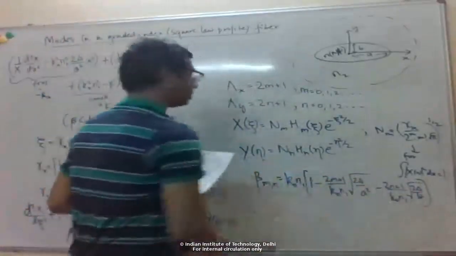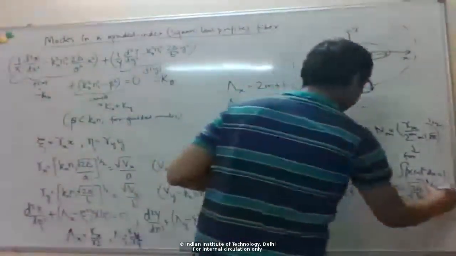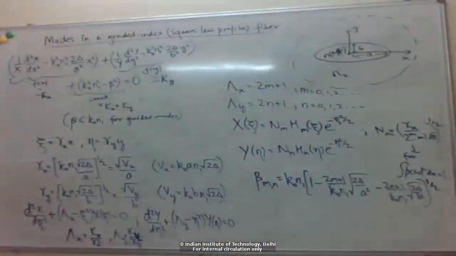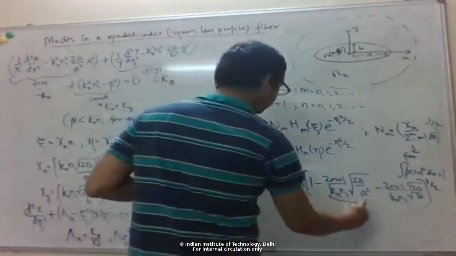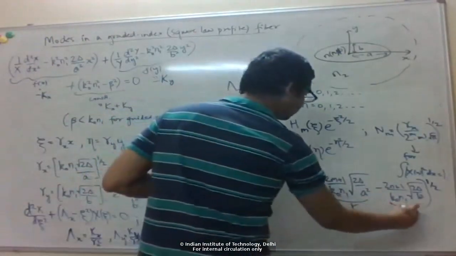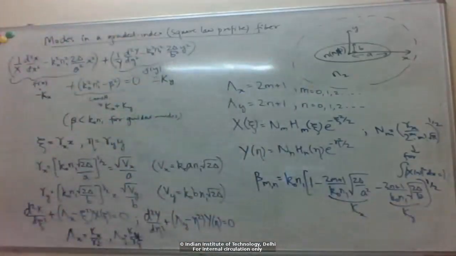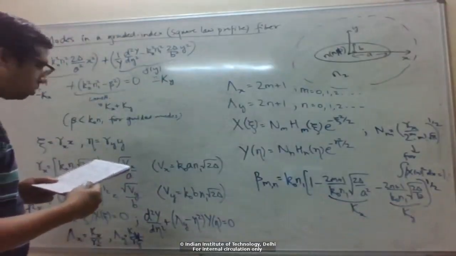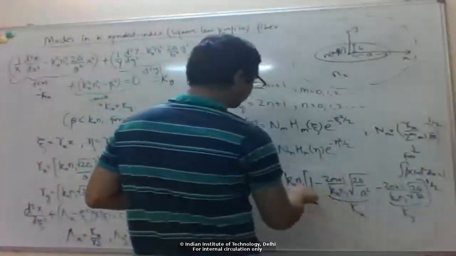And we have two indices. Right, so this is basically your capital Kx and this is capital Ky.